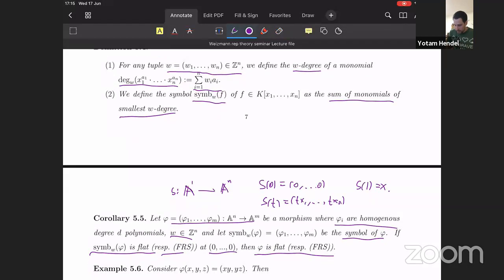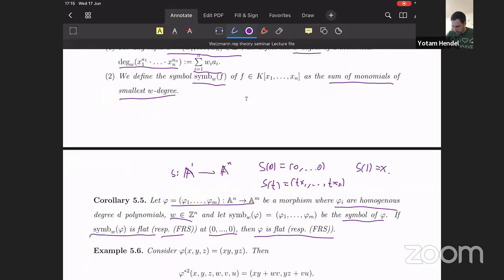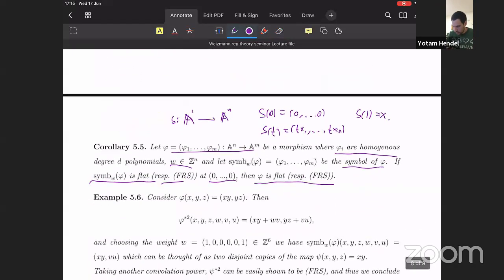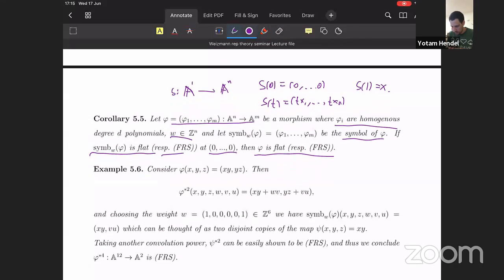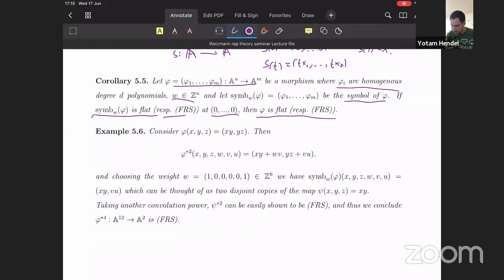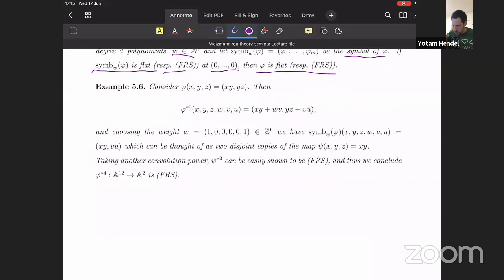So let me give you an example of how this works, and I think this is all I will have to say. So consider the morphism going from A3 to A2 by XYZ goes to XY times YZ.